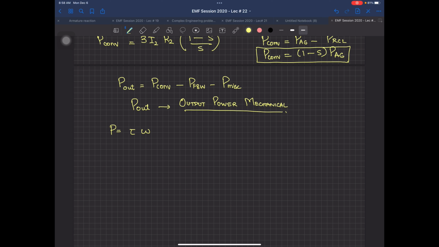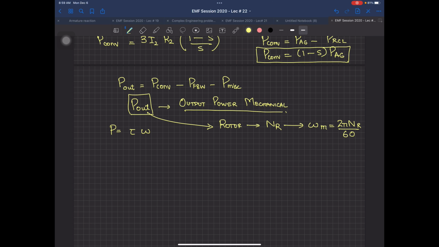Now, remember one thing very importantly. When you want to use omega, since this is the output power which is being produced by the rotor, and the rotor is rotating at a speed nr, and when you convert this into omega, I told you in the very first lecture or second lecture, that this will be omega m. So this omega m, if I write down the formula, this will be 2 pi nr by 60.